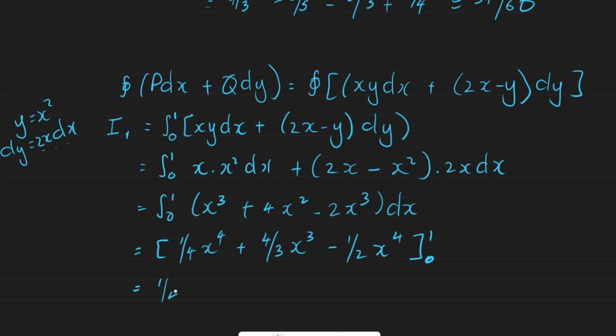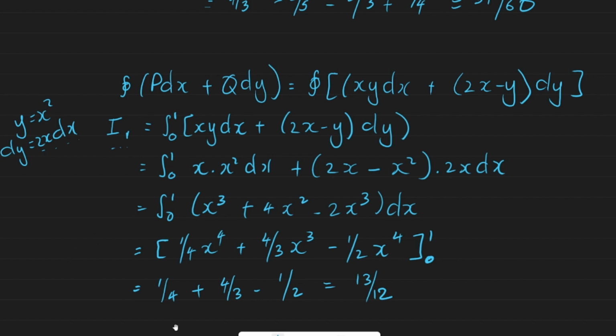So that becomes 1 over 4 plus 4 over 3 minus a half, which gives us 13 over 12. So that is what I1 is equal to.